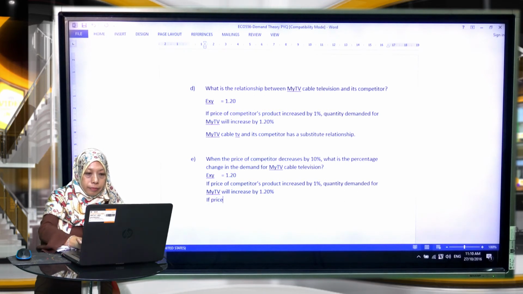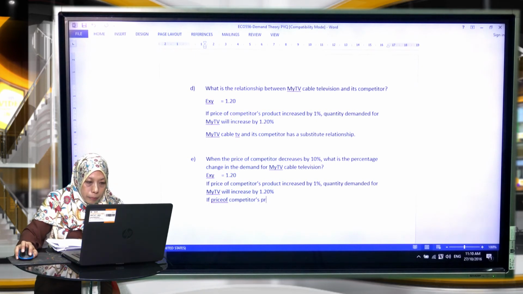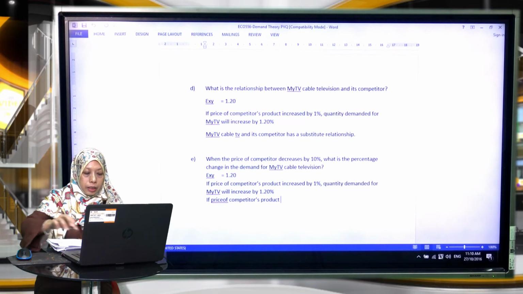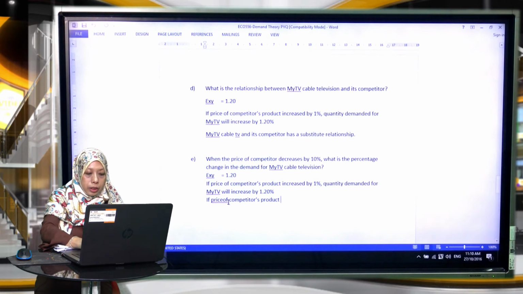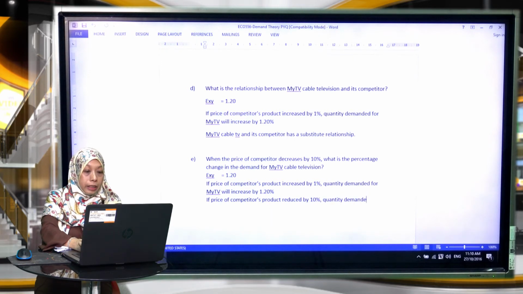reduces its price, if the price of the competitors' product is reduced by 10%, then the quantity demanded for your product, in this case my TV, will decrease.